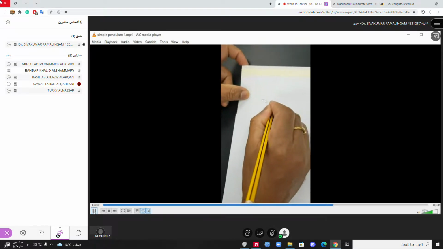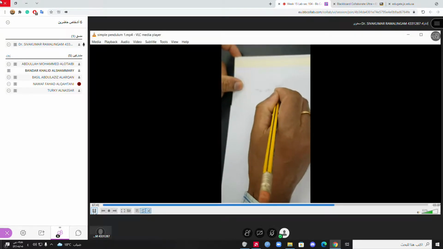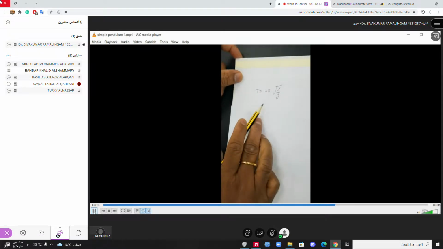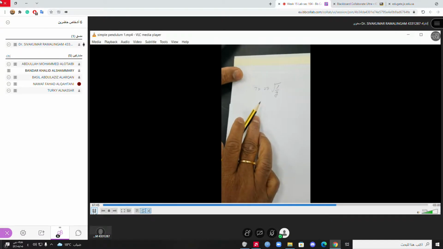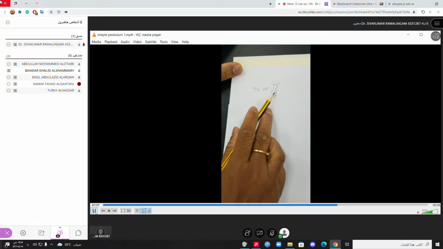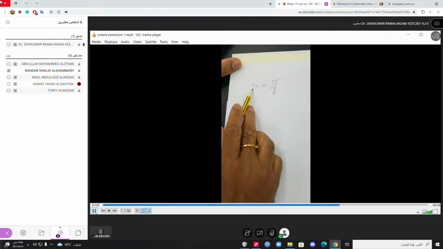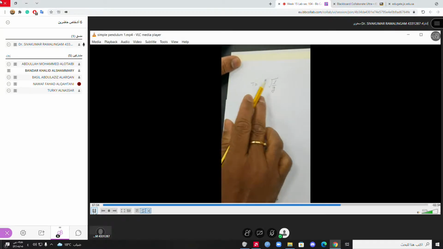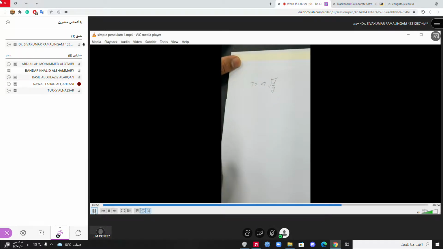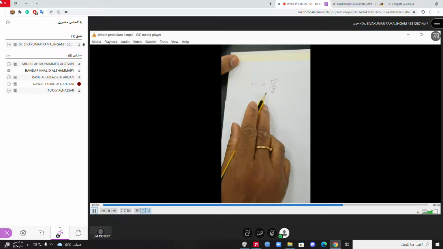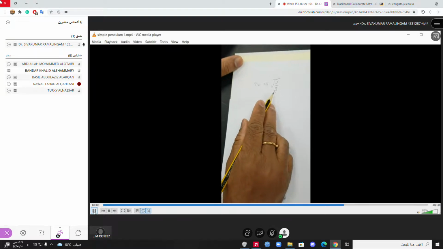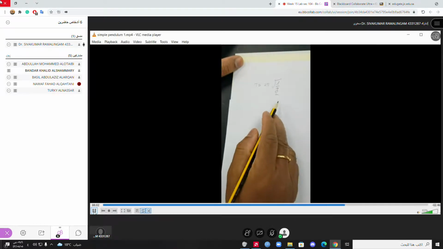T is equal to 2 pi square root L over G. Now, as the L increases, what about the time period? It also increases. There is a direct relation between these two. I'm going to show that relation in my experiment, and by using the relation, I'm going to calculate G. Our main aim is to calculate G.